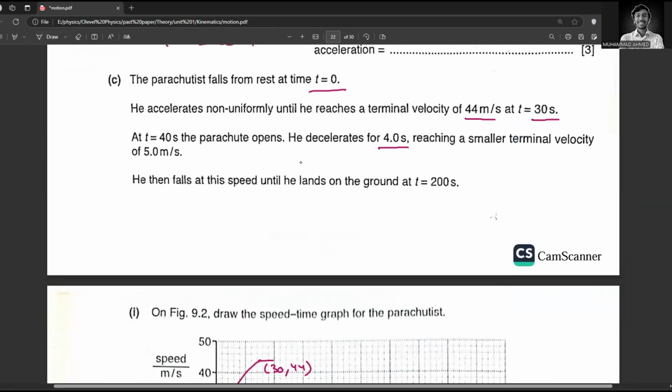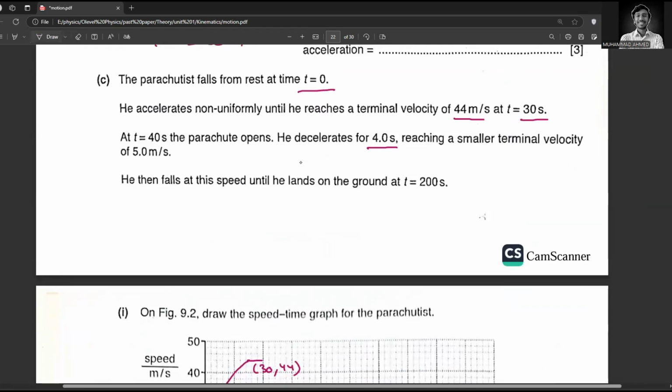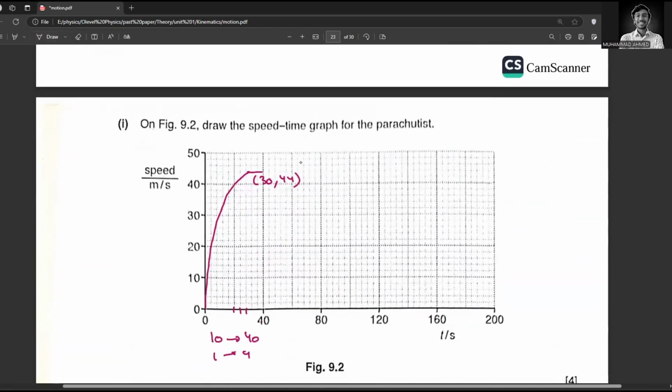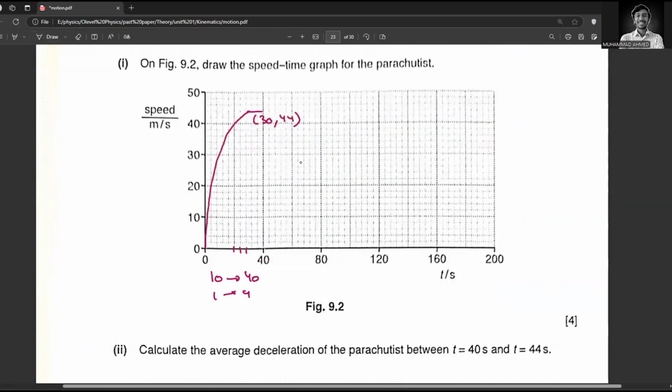He decelerates for 4 seconds, reaching a smaller terminal velocity of 5 m s^-1. So 5 will be somewhere here, and this will be your 44. So basically this point is 44 and on the y-axis 5.